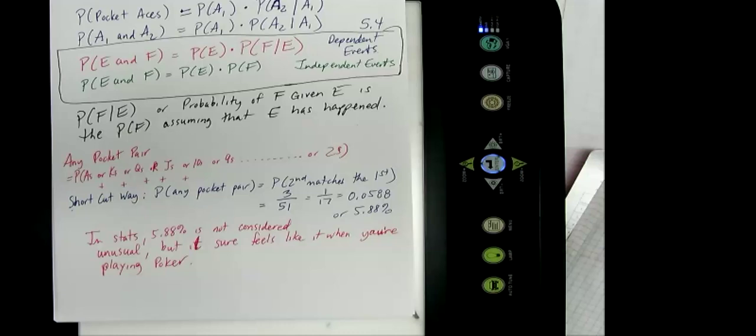It didn't matter if she had 2-7 offsuit, which is in general the worst hand to get. It's a winning hand very rarely. You need all twos to show up on the board or all sevens, so it is a winning hand, but not very often. Pocket aces win more often than a 2 and 7.